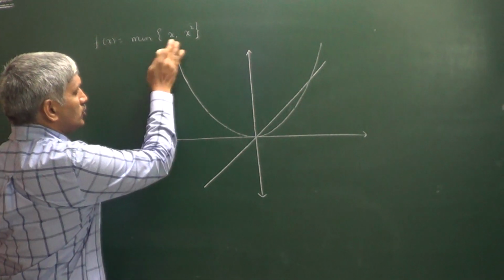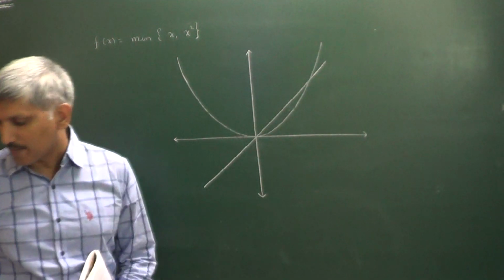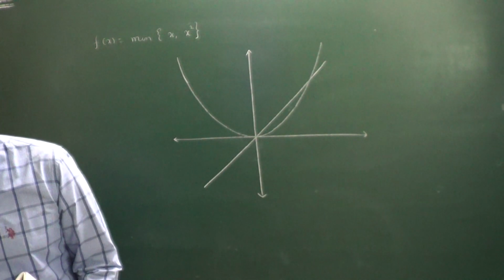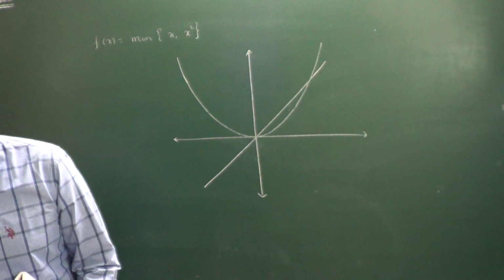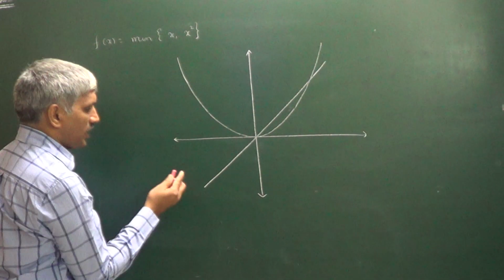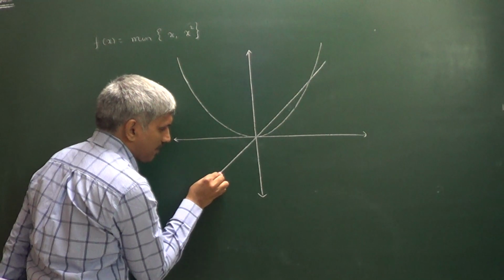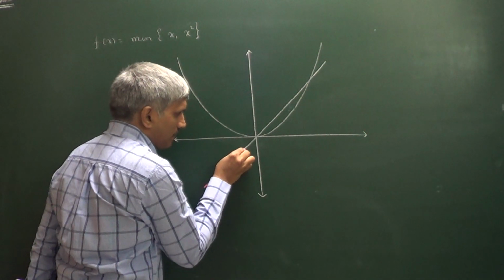So among these two, minimum we have to consider. Now observe the graphs. Minimum, I am shading the graphs, you can observe here. Minimum we are shading. This is the portion, this graph is minimum.